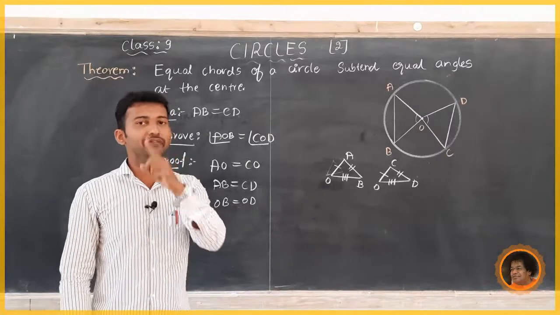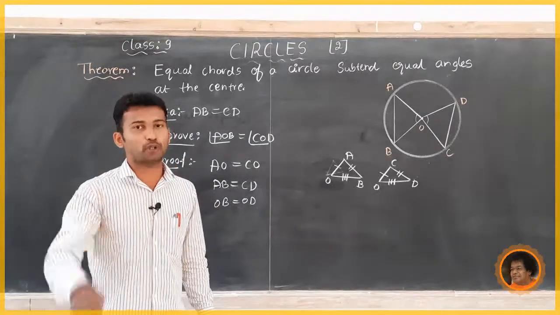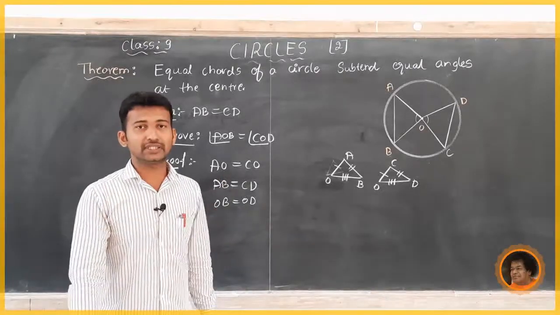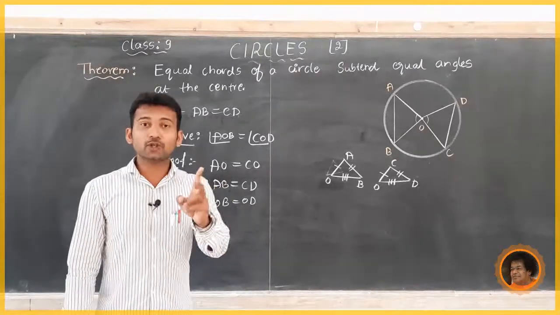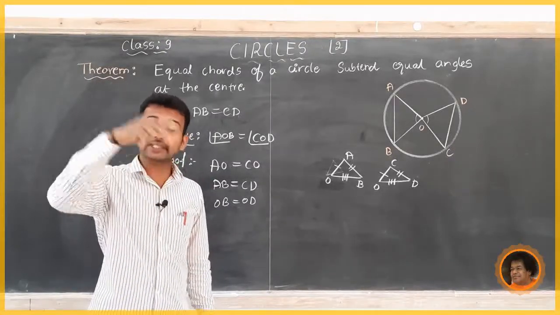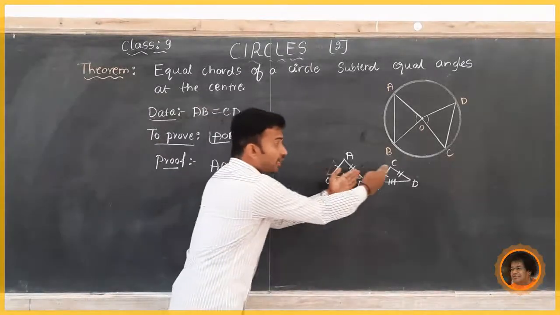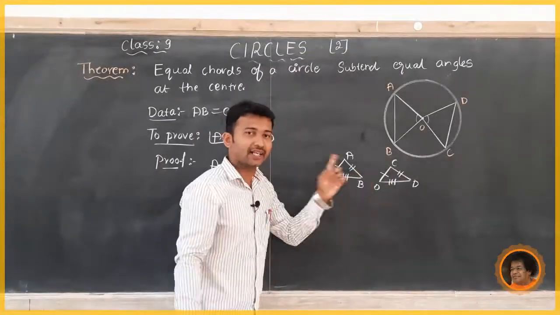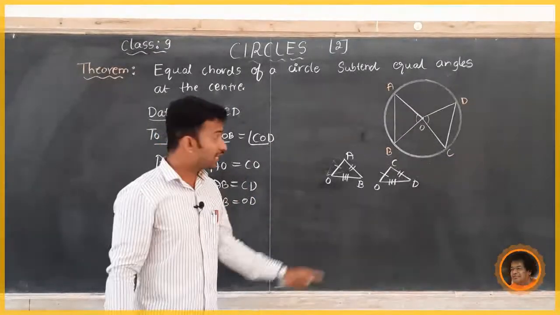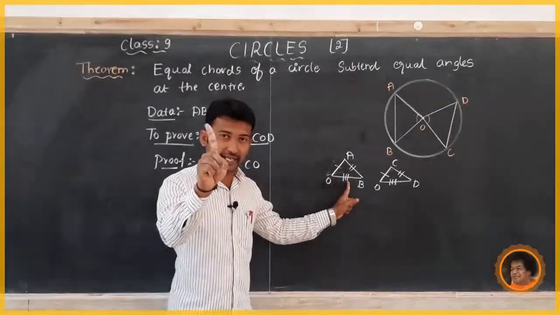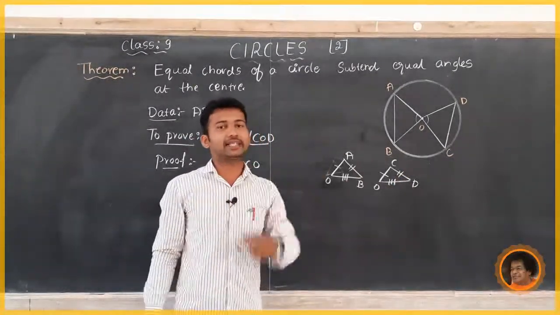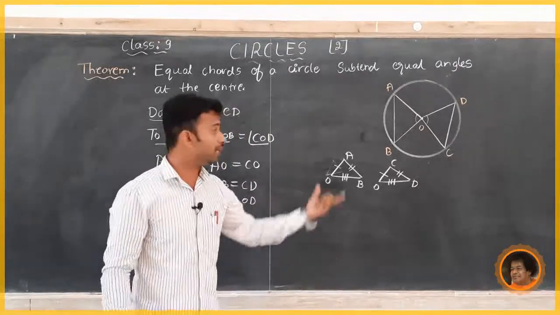So what is the definition of the SSS postulate? Side, side, side postulate: if the 3 sides of one triangle are equal to the corresponding 3 sides of the other triangle, then the 2 triangles are said to be congruent.